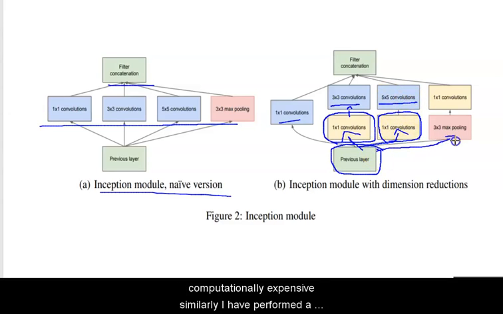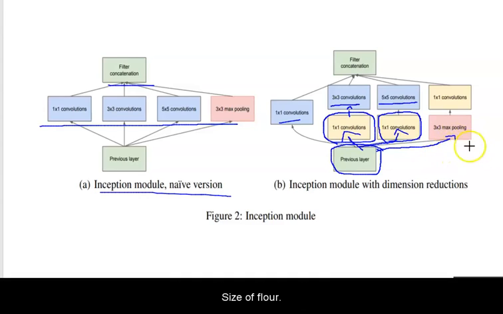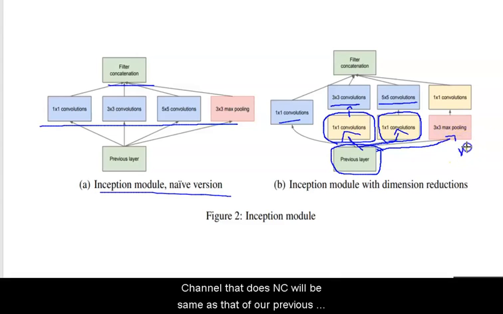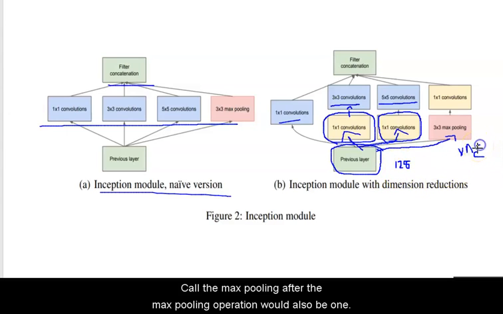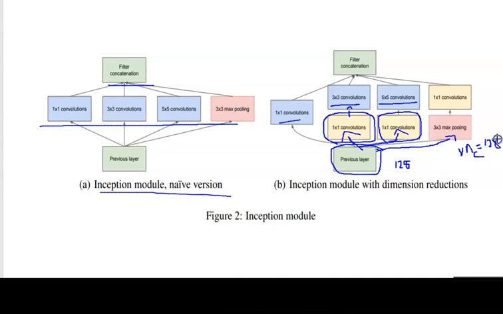Similarly, I have performed a max pooling operation. As we know, in a pooling operation, the number of channels, that is NC, will be the same as that of our previous layer or input layer, right? So if my previous layer had say 128 depth or channels, the NC after the max pooling operation would also be 128.